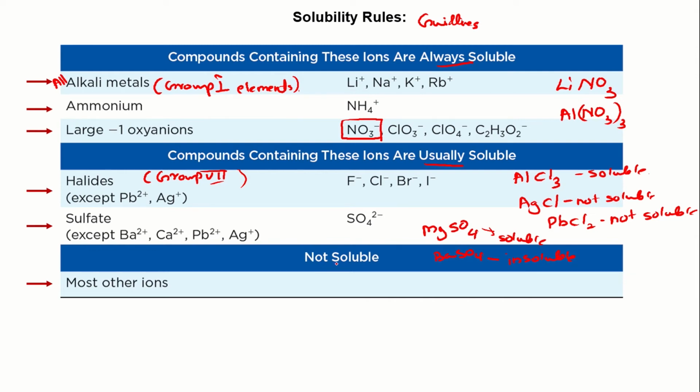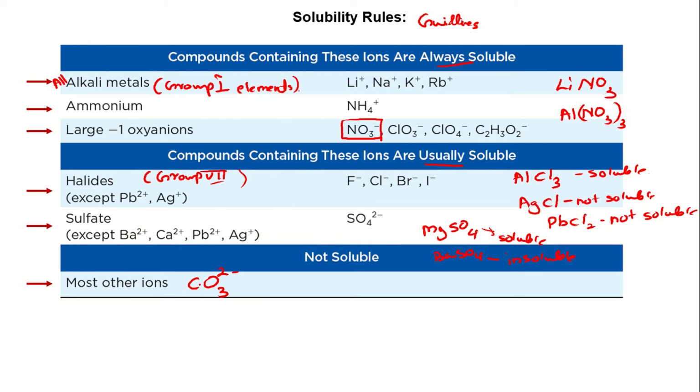And then we have this not soluble category. That means they are usually not soluble. So under this category, what you will often find are the polyatomic oxyanions like carbonates. Carbonates are usually not soluble.